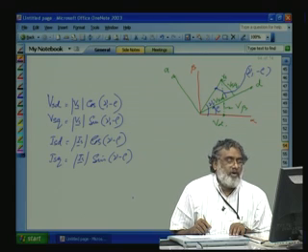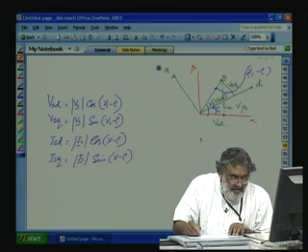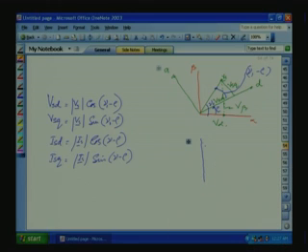What will be for the rotor? So for the rotor, again for clarity, I will draw it here. This is alpha beta, this is our rotor axis, rotor A phase axis or rotor alpha axis.